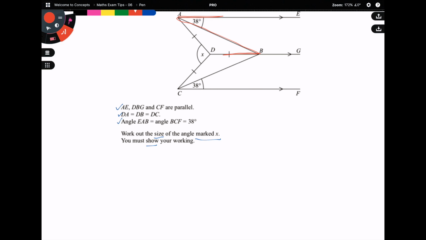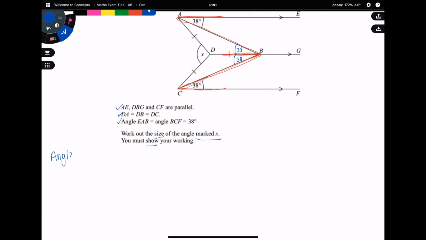So because it's alternate, I know that will be 38 degrees. Okay, and same on this side. I can see a Z. So I also know that this is also going to be 38 degrees. So before I forget, let me tell the examiner that.